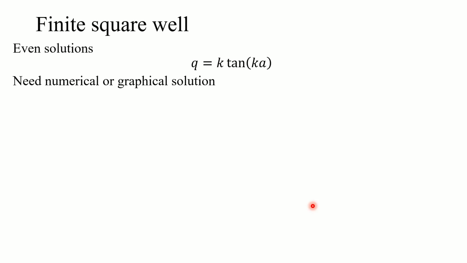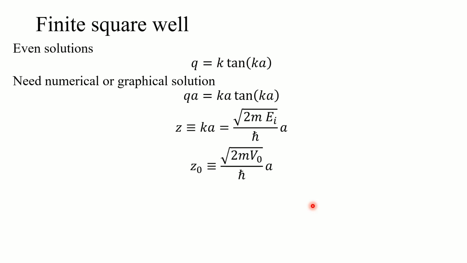So we're going to go through a graphical solution now to show you the idea of how this works. And one thing that's going to be very useful is just multiply both sides of that equation by a and define some constants, right? We're going to define this variable z, which is equal to the wave vector k times a, equal to that, just substituting what k is equal to.